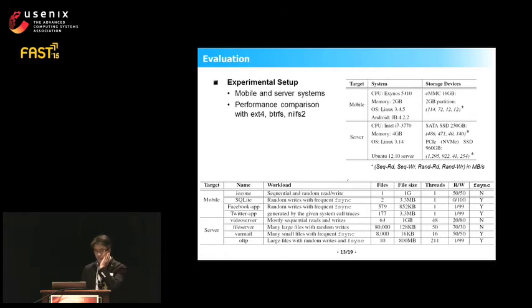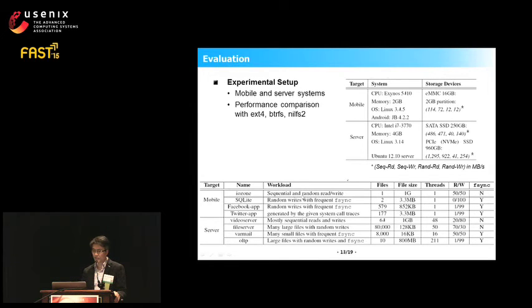So let's move on to the evaluation section. We use a mobile system and a server system experimental setup, and we ran 8 benchmarks. The iozone benchmark is a micro benchmark.